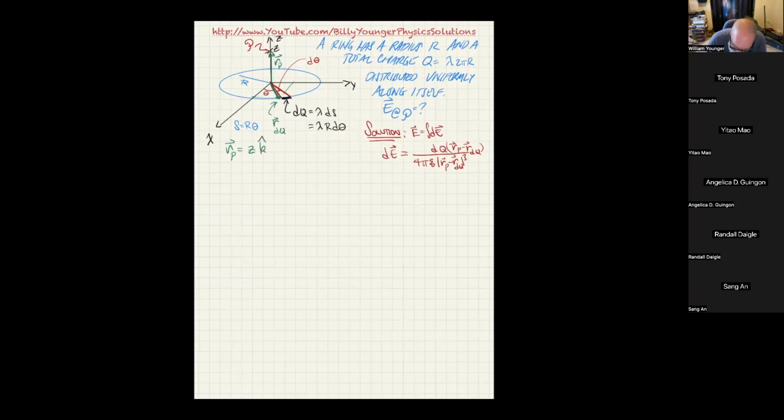And how about rdq? This one's a little more complicated. Anybody think they know what the X component is? I'll give you the X component and see if y'all can figure out what the Y component would be. Okay, that's the X component. What do you think the Y component is?